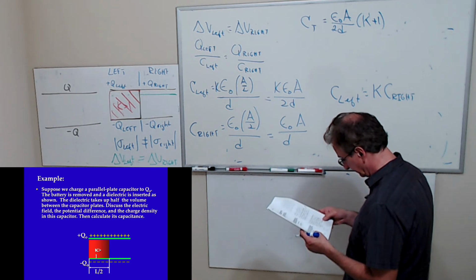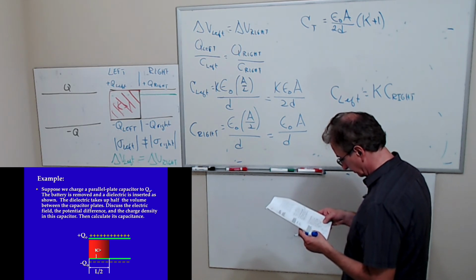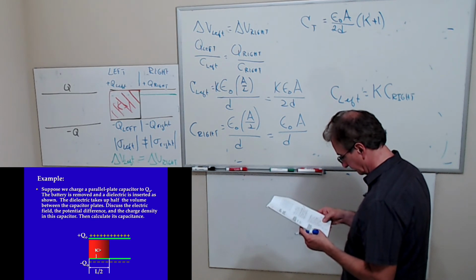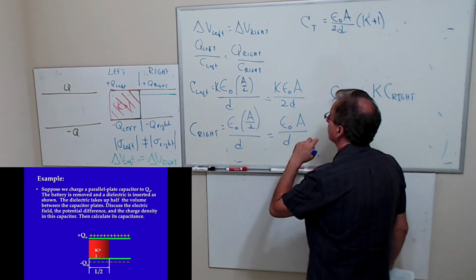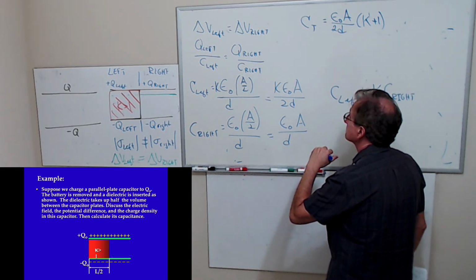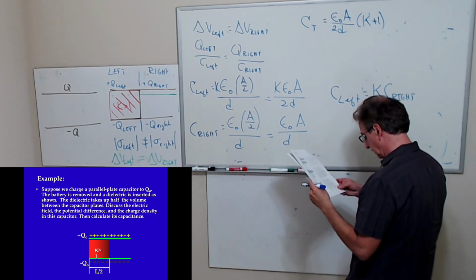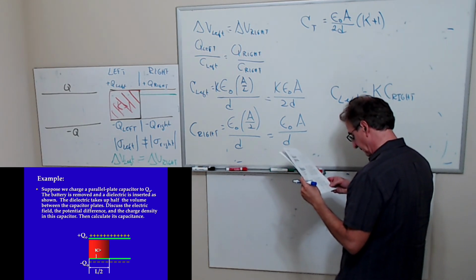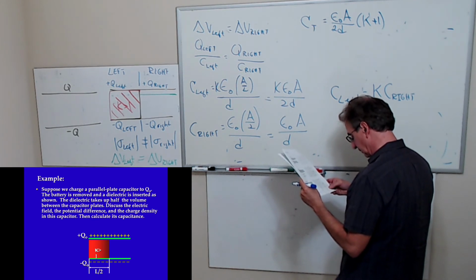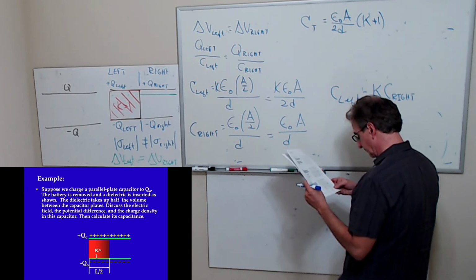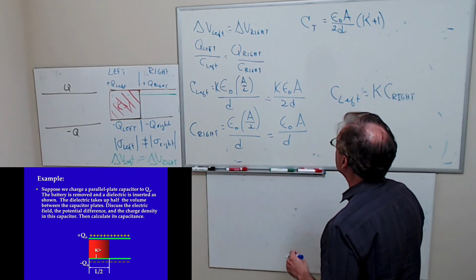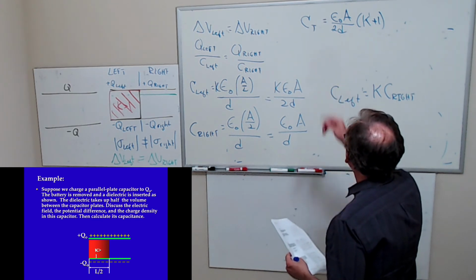Let me check my math here. I think I have a mistake here. Hold on a second. Oh, we can say something about Q left and Q right and C total.